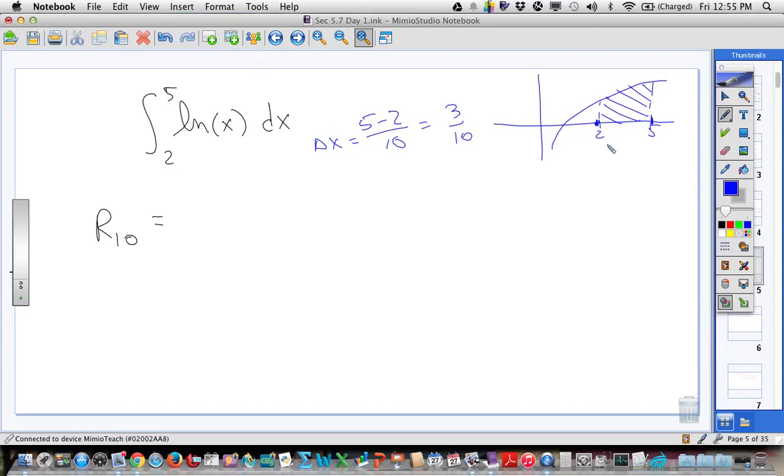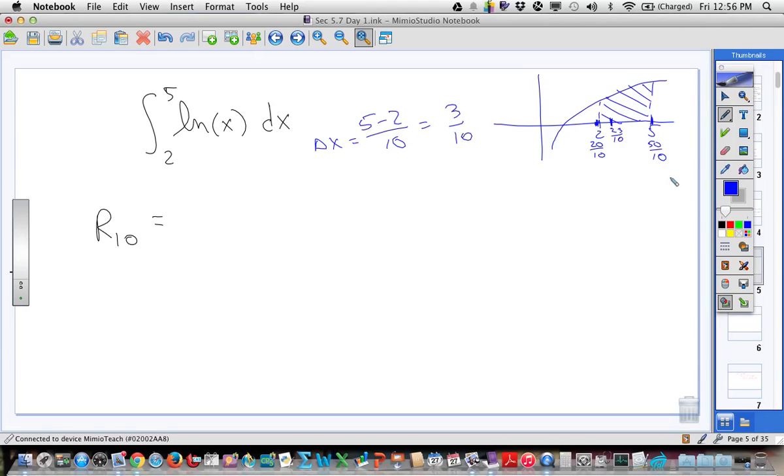Okay, so that means from 2, I'm going to go over 3/10. And how should I write that? Yeah, we could write it 2 and 3/10, or we could write it 23/10. I'm kind of partial to improper fractions, so I would probably write this 23/10, and 20/10, probably write this 50/10. Now you could write it as a mixed number, 2 and 3/10.